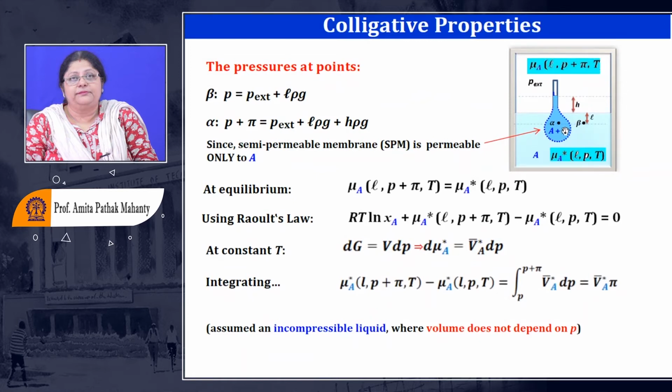This is going to be associated with the pressure, which is P plus pi, and this pi is the one which is generated because of the additional h rho g, which is incorporated. We have already defined P plus pi.